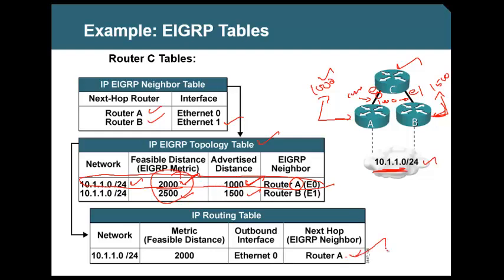This will remain in the topology table for backup. See, 1500, the advertised distance, is less than the successor value 2000. That is why it is here in the topology table. Otherwise, it won't be there. Is this clear?